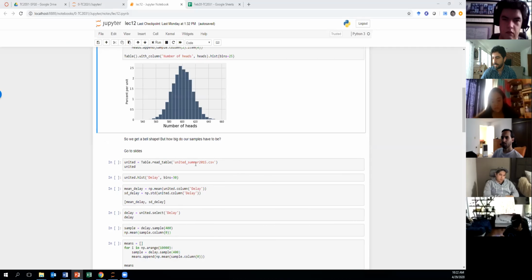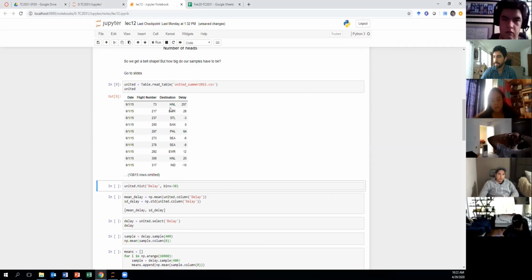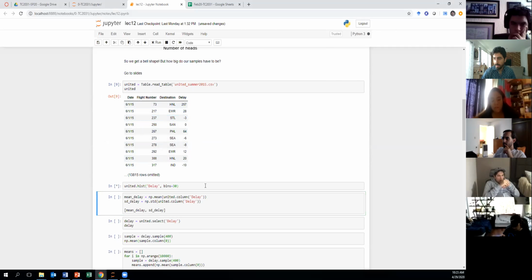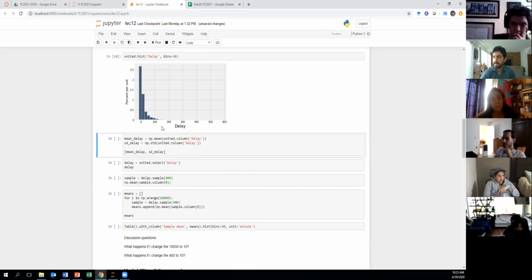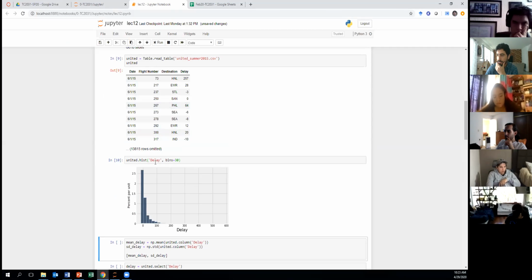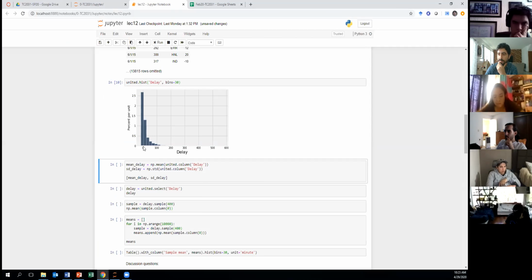Let's go and do another example. This is the table that we saw, I don't know, in week 6 or 7. This is the United Airlines flights with their delays. We have around 14,000 records, with different flights, different destinations, and the delay that those flights had. If you remember, we saw this. This is the distribution of this table. You can see the delay goes all the way from this.